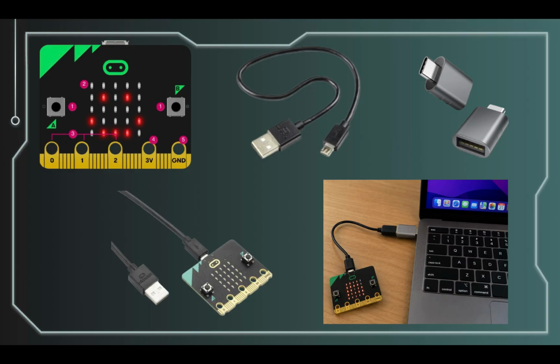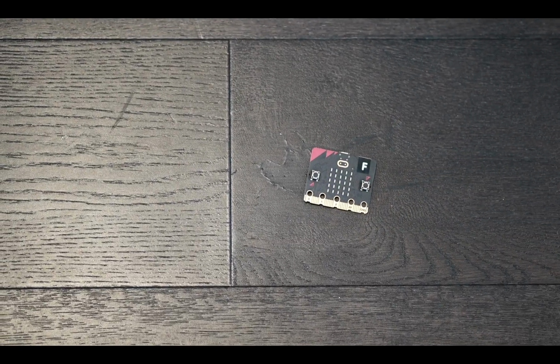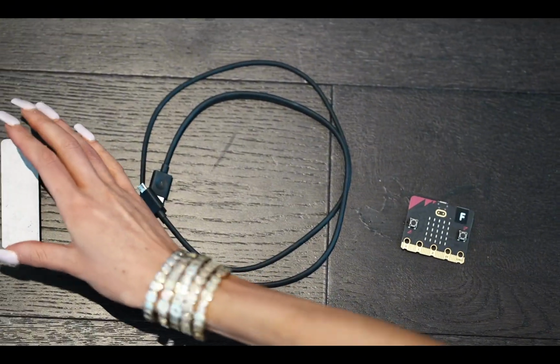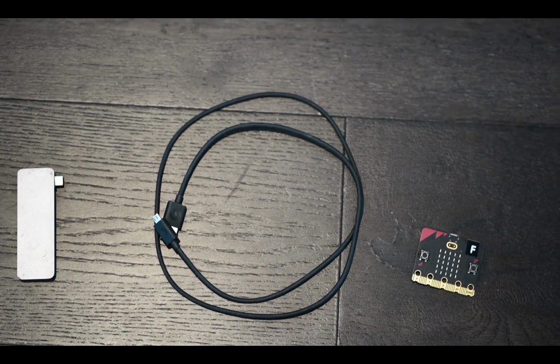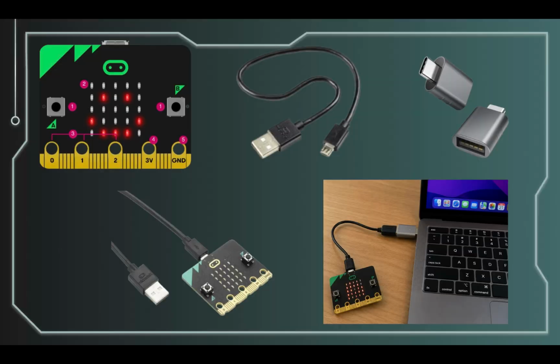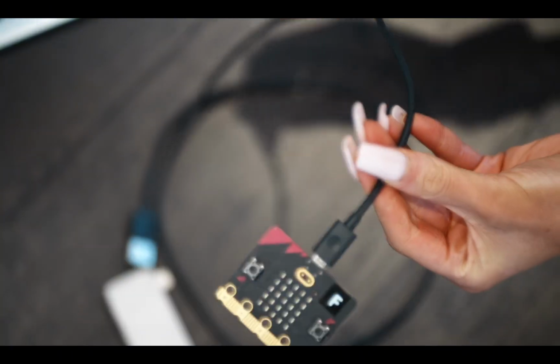Take out your group of materials, and you should have in front of you one microbit, a micro USB cable, a USB to USB-C adapter if your laptop does not take USB, and then your laptop, of course. All right, so now that you have your materials, here are the instructions. You're first going to plug the micro USB cable into the microbit.